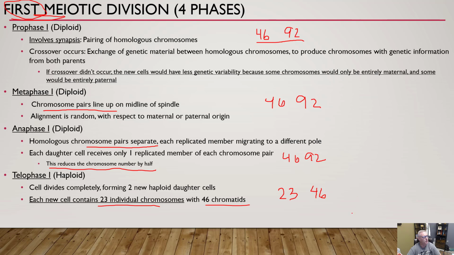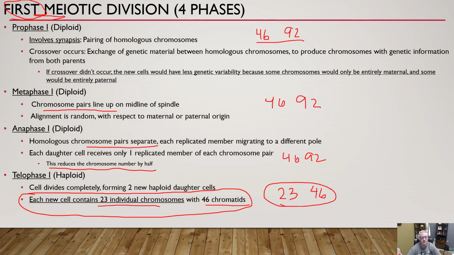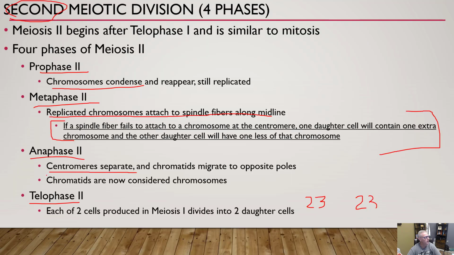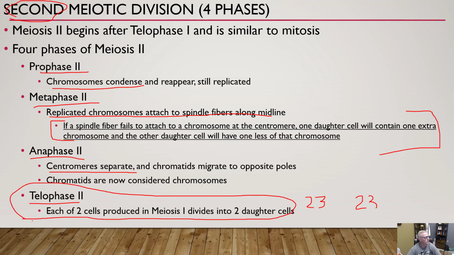So primary spermatocytes are sperm cells that have 23 chromosomes and 46 chromatids. But secondary spermatocytes are sperm cells that would result after telophase 2 that have 23 chromosomes and 23 chromatids.